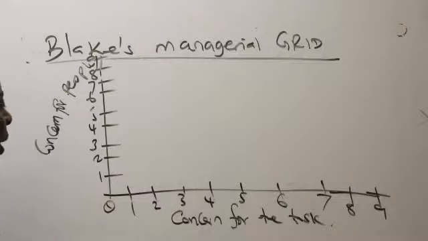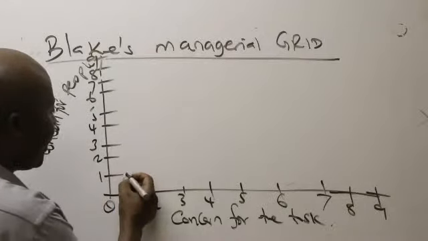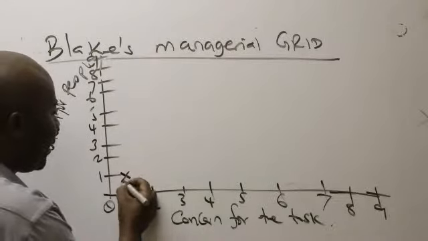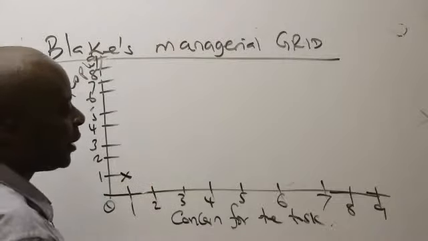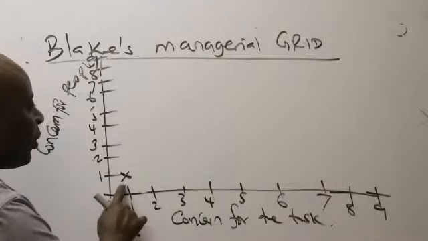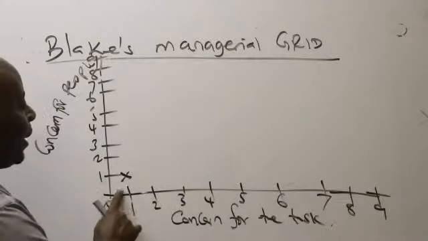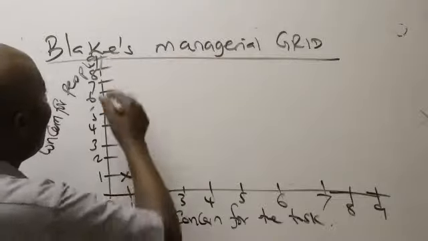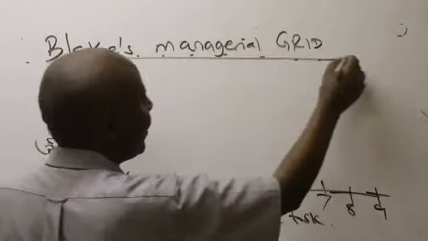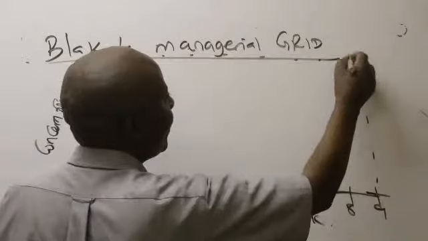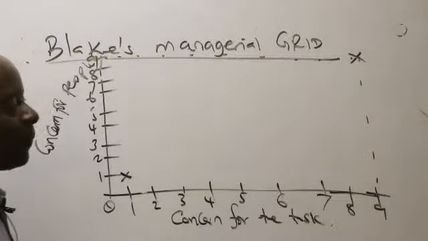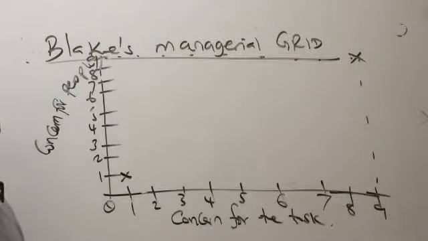So of course we'll be having various managers. Now we have this manager who operates at this particular point. We have another manager, ladies and gentlemen, for example, who is here, at 9, 9.